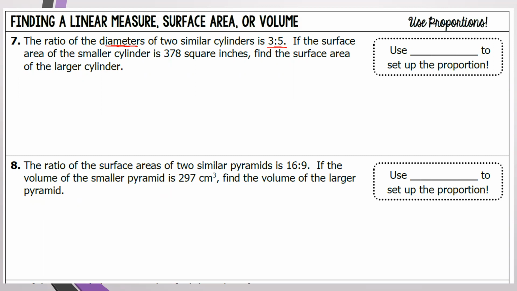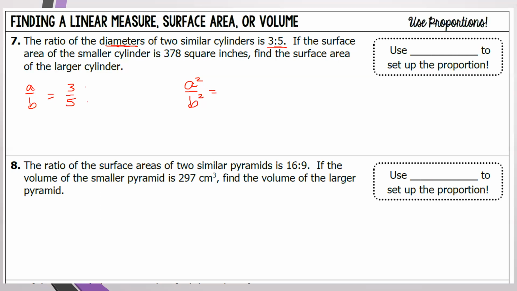Diameter is linear, so your A over B is 3 to 5. If the surface area of the smaller cylinder is 378, all right, surface area, A squared over B squared. The surface area of the smaller cylinder, so you look at your A over B, which one's smaller, 3 or 5? Oh, clearly 3. So this went small cylinder to big cylinder.